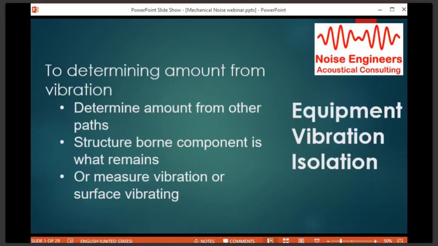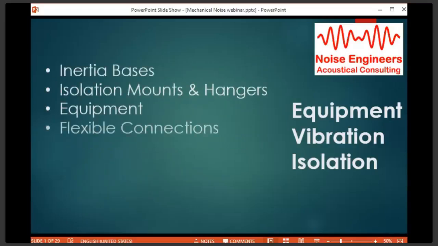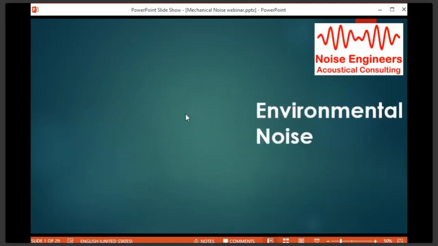We come up with the deflection of the vibration isolators and the types that are needed. So you have different types of bases and equipment isolation. You don't want any hard connections. You want to keep it as resiliently connected as possible, so any ducts, conduit, anything, should be resiliently connected.